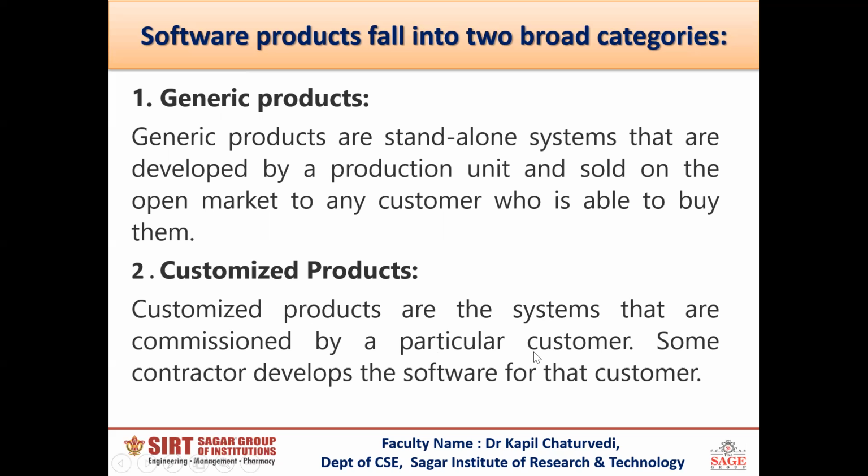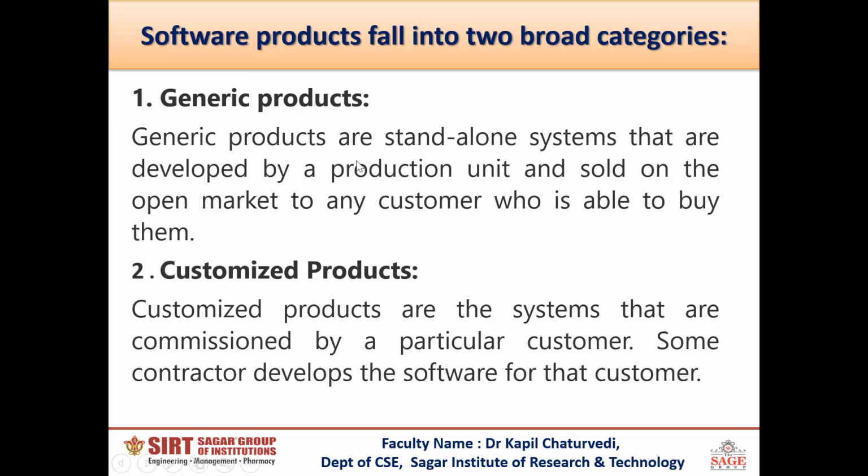To show those offers, they require different views and different visualizations to show their products, and they also change the product offers. Ultimately they need to change their applications from time to time. So an application which requires continuous updations is known as a customized product.